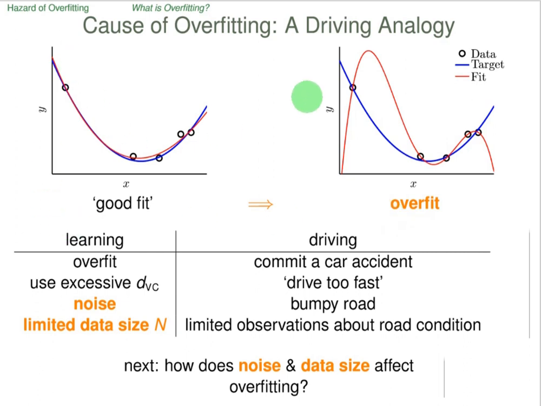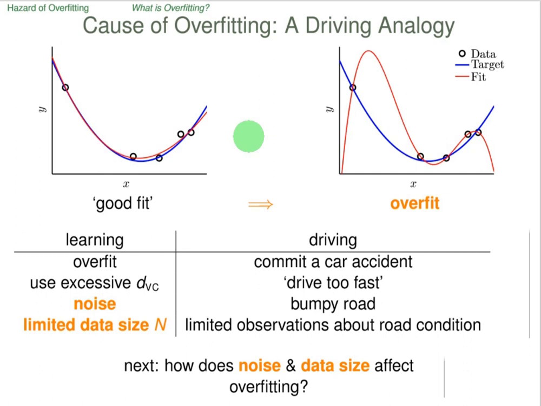So graphically we can see the fourth order polynomial overfits, but if we had chosen a third or second order polynomial, we would achieve a good fit. And in that case, the fourth order solution could have been considered as overfitting compared to the third or second order solution. All right? There is a distinction between overfitting and just plain bad generalization.